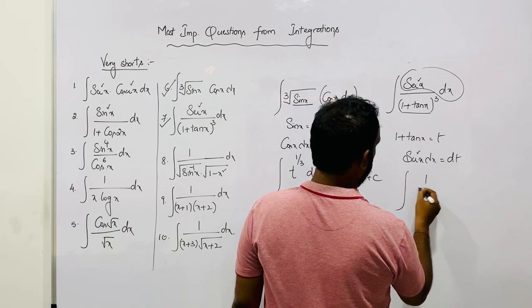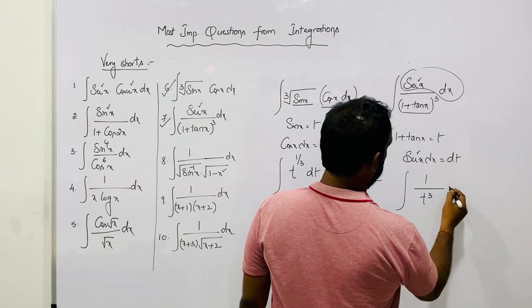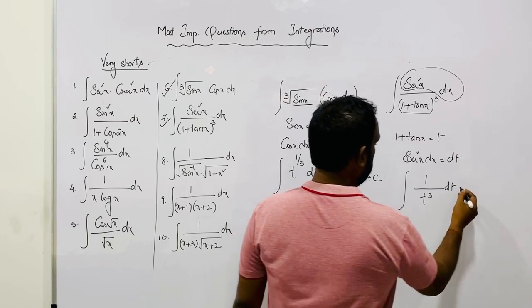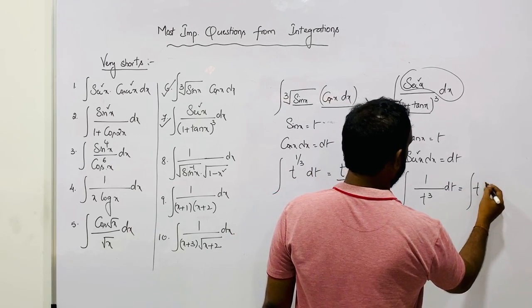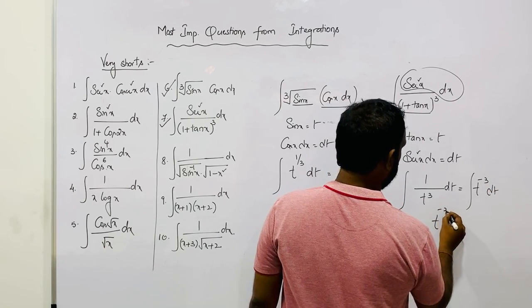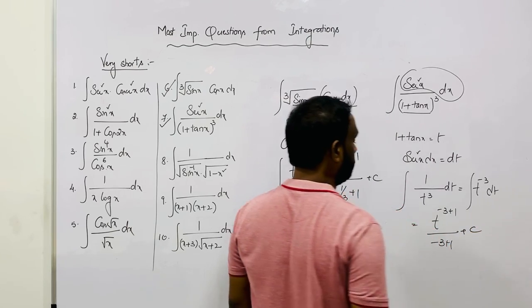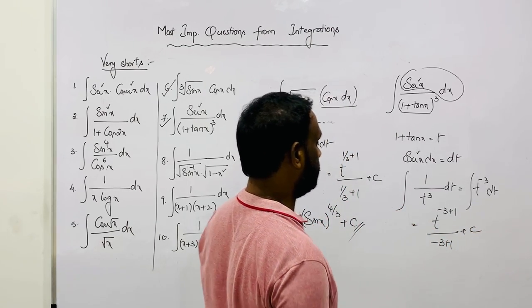So, the given integral changes into 1 by t cube dt, that is, in the numerator it becomes t power minus 3 dt. Then in the x power n form, t power minus 3 plus 1 divided by minus 3 plus 1, plus c, where c is the constant of integration.